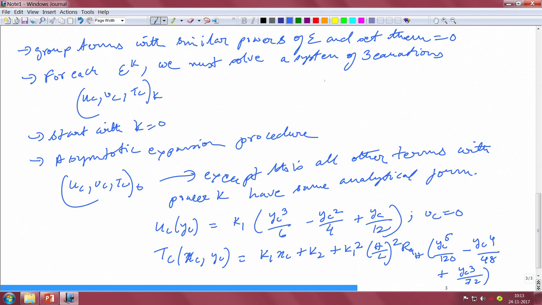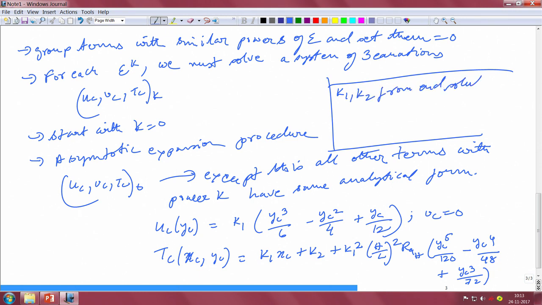So, how would you do now? You have to determine this K1 and K2 from the end solutions. This is, remember, the core solution, so from the end solution we have to find out what will be the form of K1 and K2. The net heat transfer can also be calculated, but before doing that, we can take a quick look at one of the important graphs.